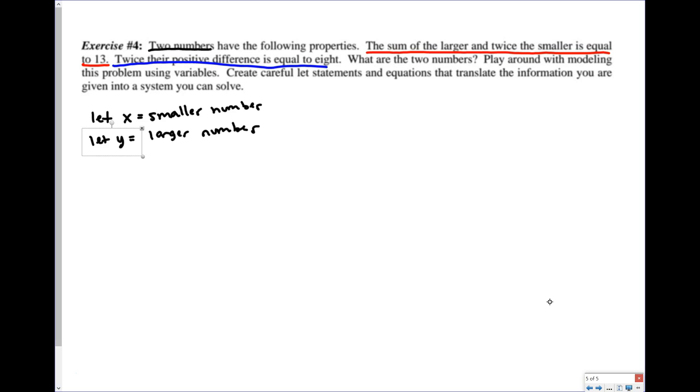So the red sentence says the sum, well, sum means we're adding. So the sum of the larger, so the larger number is y. So I'm going to have y plus something. The sum of the larger and twice the smaller. Twice the smaller would be 2x is equal to 13. So there's my equation for the first sentence I've translated.